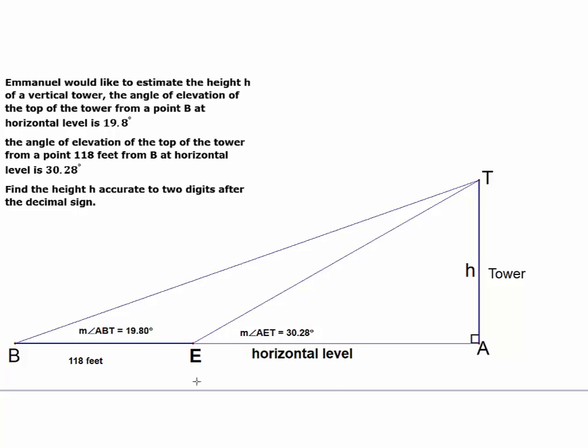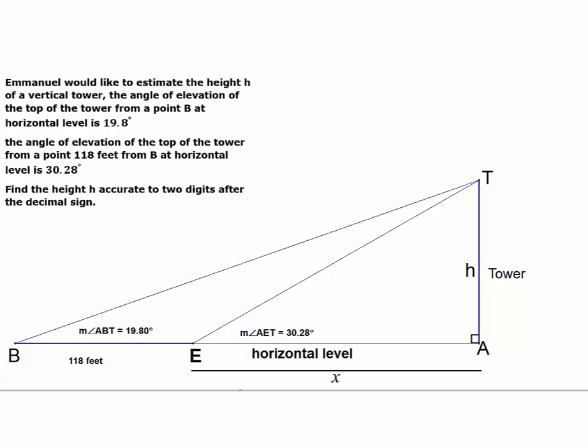So let's do an auxiliary step and assume that this distance here is x feet. Then we will eliminate x and hopefully be able to find the height of the tower.